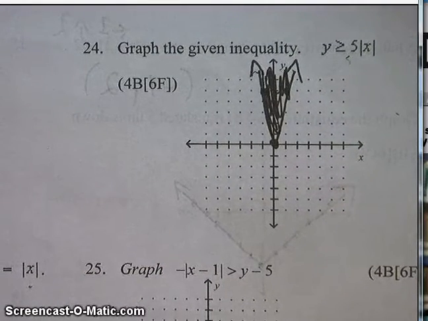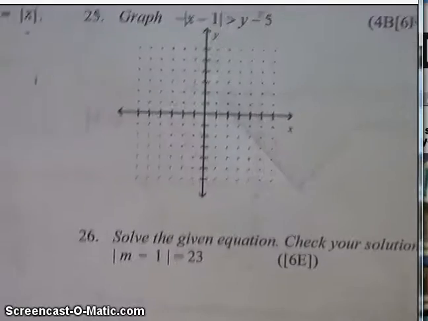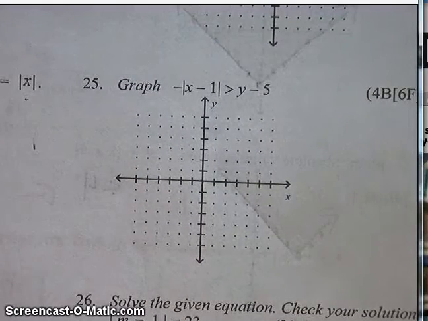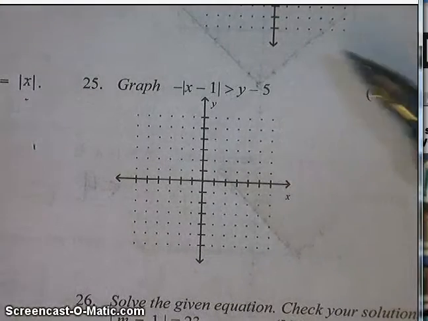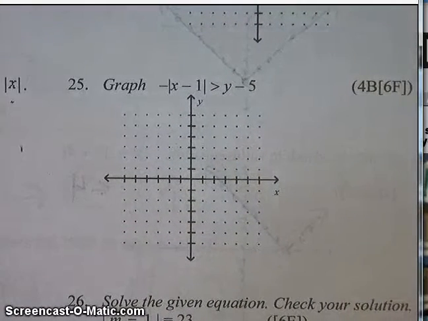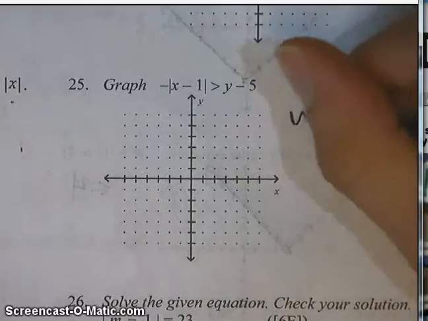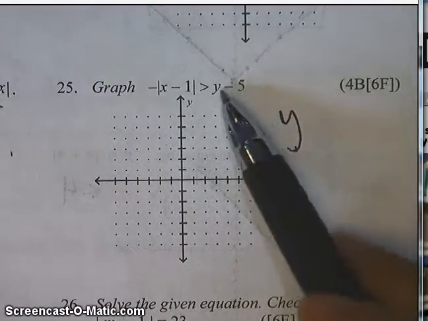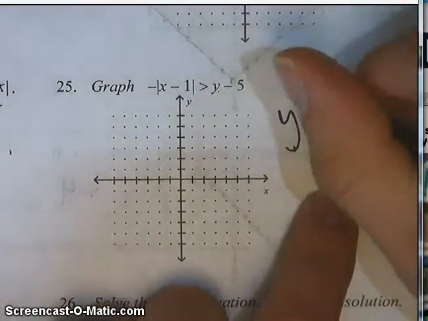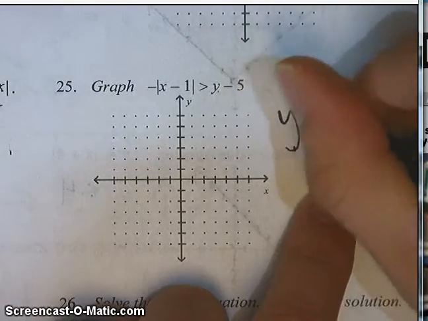Okay. Number 25. Graph negative absolute value of x minus 1 is greater than y minus 5. Well, the first step is always to get that y by itself. So I'm going to go ahead and add that 5 to the other side. And I'm going to put the y first. Notice the direction of this sign, though. Since it says y is less than, I'm going to keep it as y is less than.